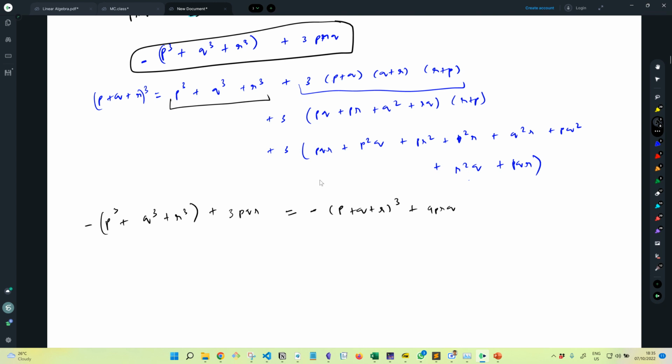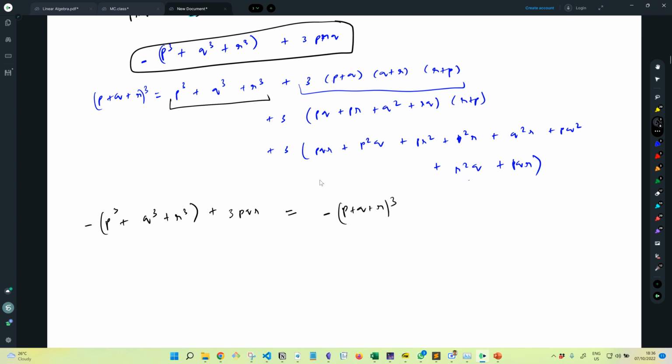I think you can take something common here. Let me see what we can take common. So this term will definitely have (p plus q plus r) the whole cube.